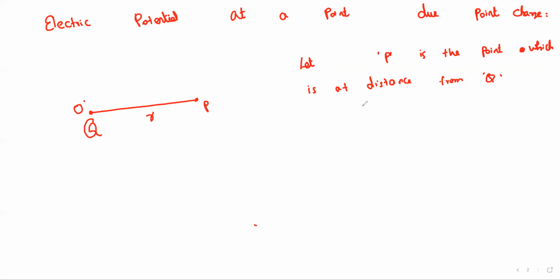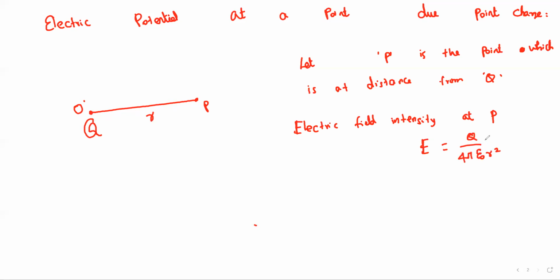Now we know the formula for electric field intensity at P. If we have the charge Q, at the distance R, what is the electric field intensity? It is Q by 4 pi epsilon 0 R square.